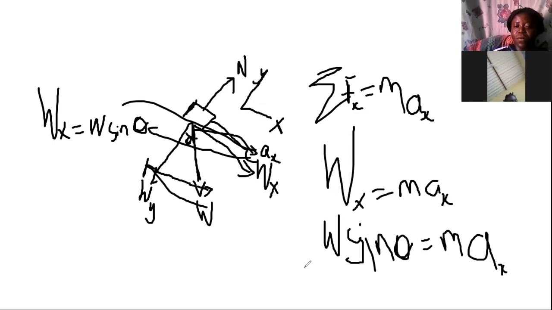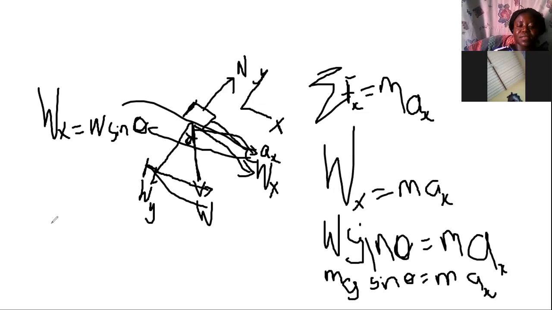So therefore, we know how to calculate our weight. Remember, our weight is equal to the mass times the gravitational acceleration, so mg sine theta equals the mass times the acceleration in x. So what are we asked to calculate? We are asked to find the acceleration.